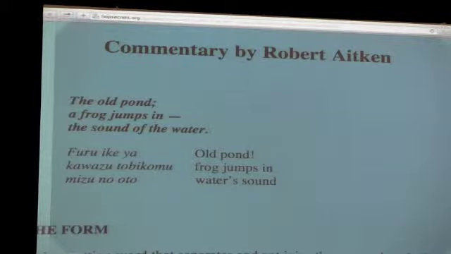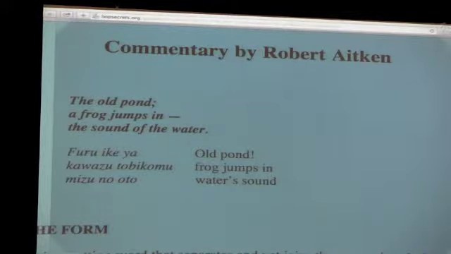What is the old pond a reference to? The agelessness of the universe and the soul of the poet himself, Basho. And the frog, generally a cute, young, green symbol of spring, jumping into the water, into the next stage.